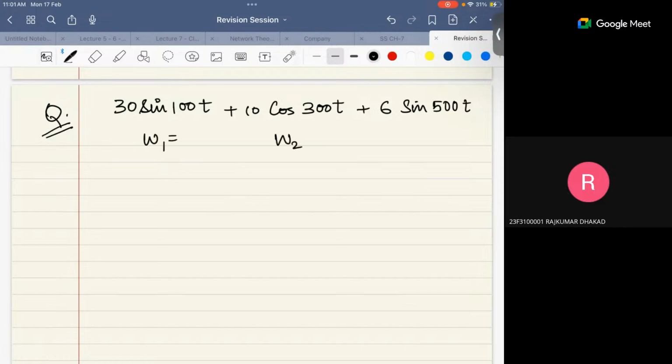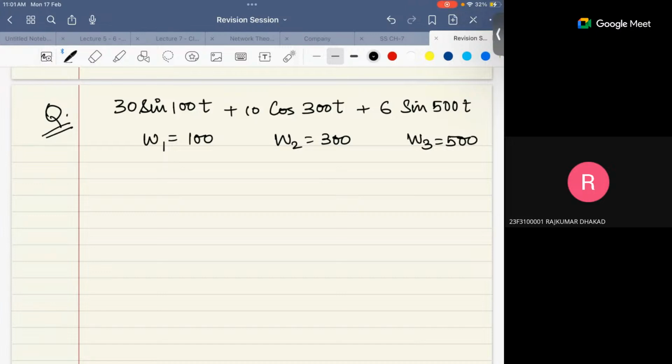What is omega 2? And what is omega 3? Omega 1 is 100, this is 300, this is 500. The fundamental time period is what? Pi by 50, pi by 150, and pi by 250.